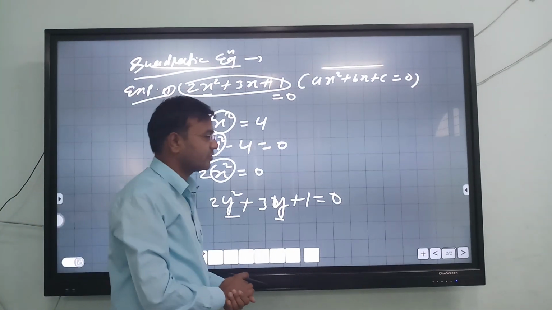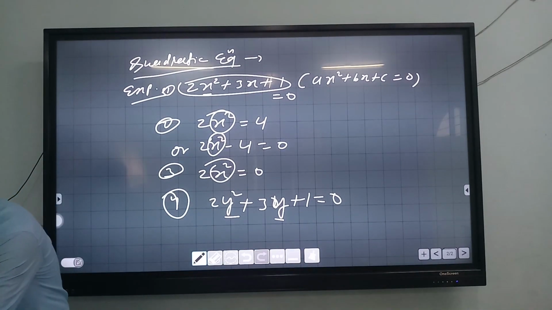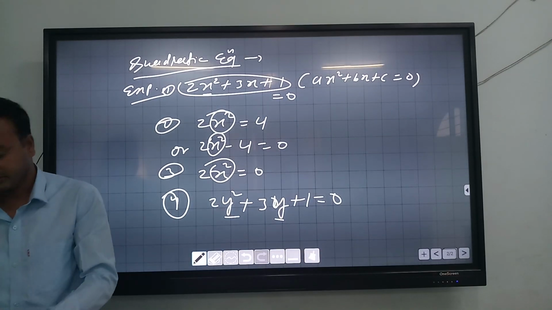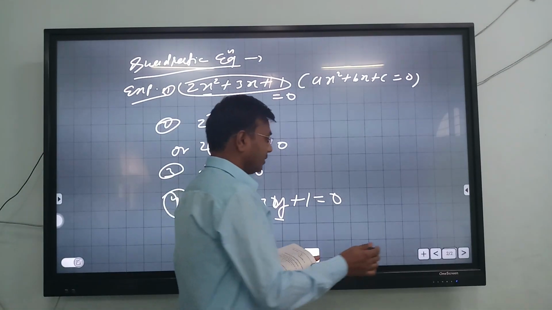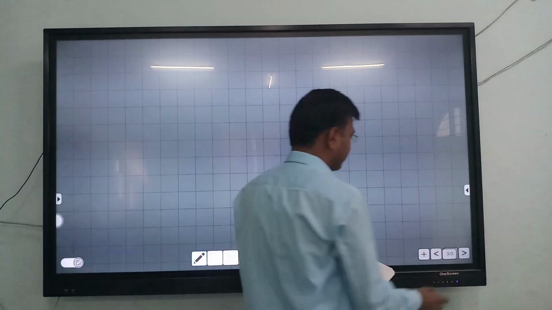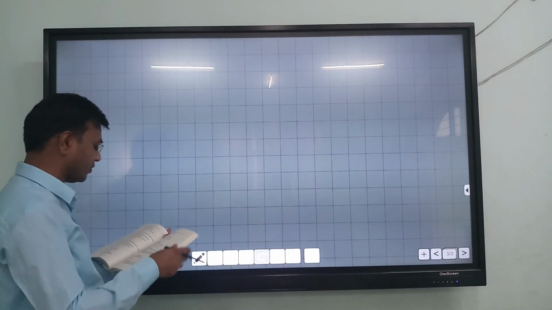So let us see the exercise problem, Exercise 4.1. In this exercise, we have to check whether the given equation is a quadratic equation or not.